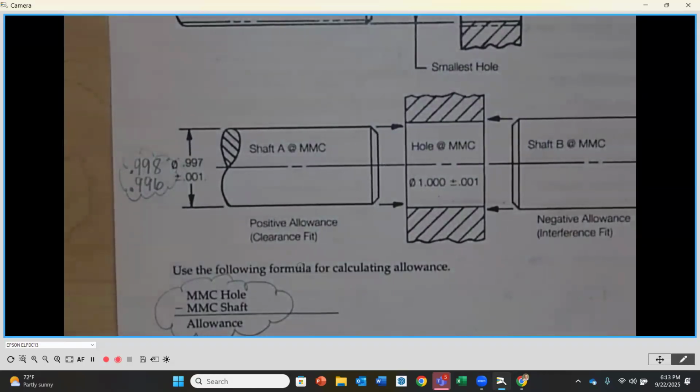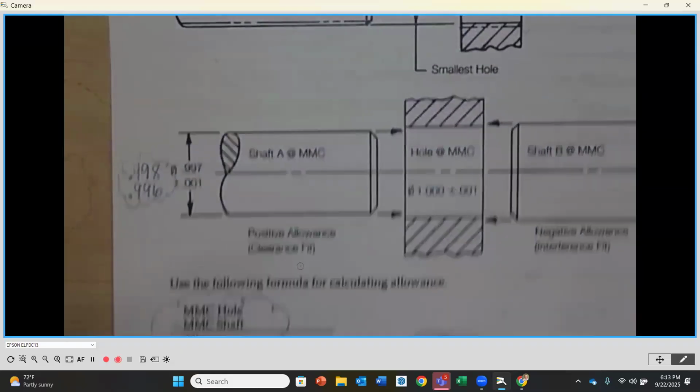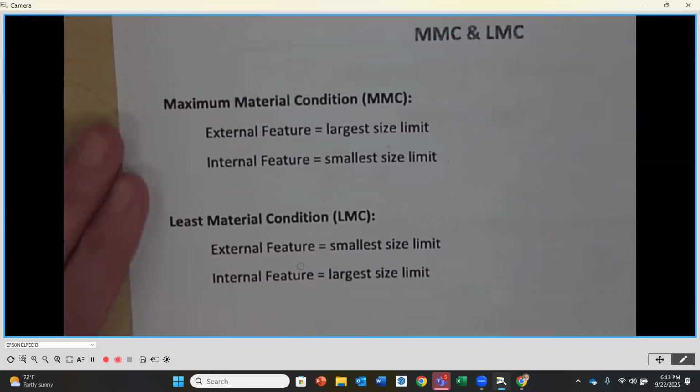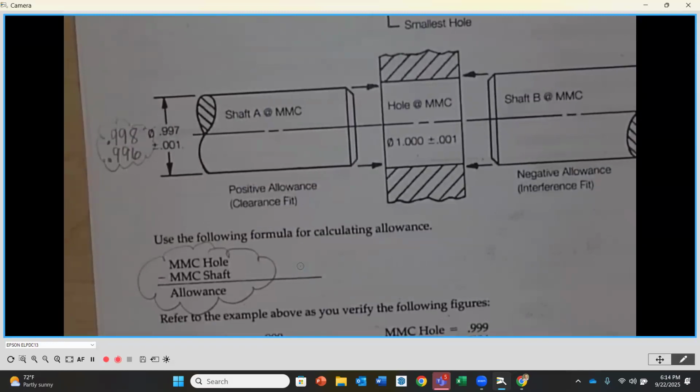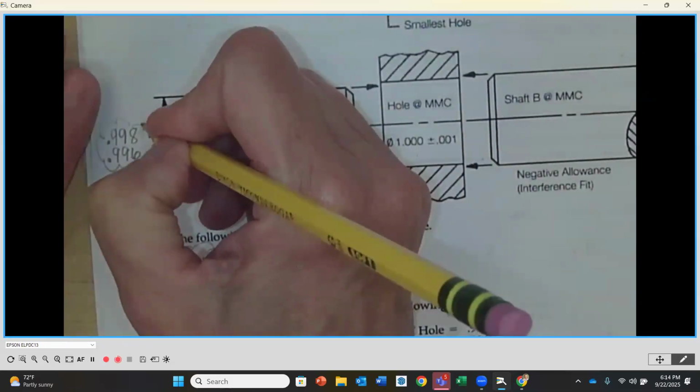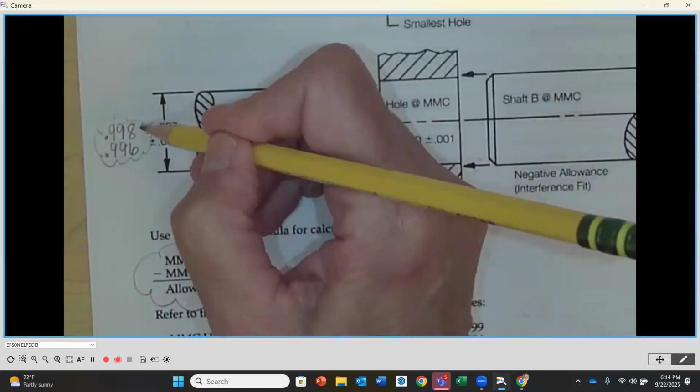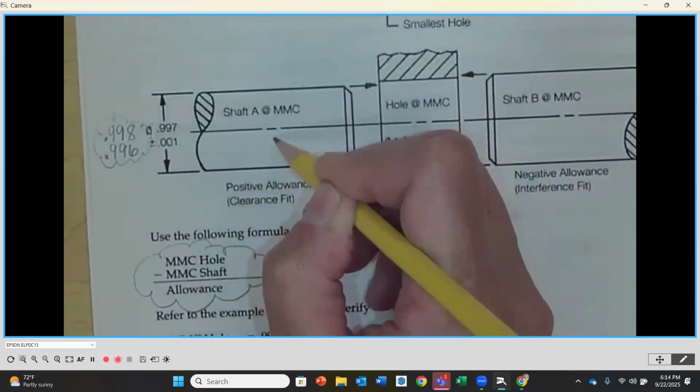Now, MMC, which number is my MMC size? If you have to look back, go ahead. Okay, if you have to look back on my shaft, which is my MMC size? Roman is saying, is it 0.998? 0.998, maximum material condition for a shaft.